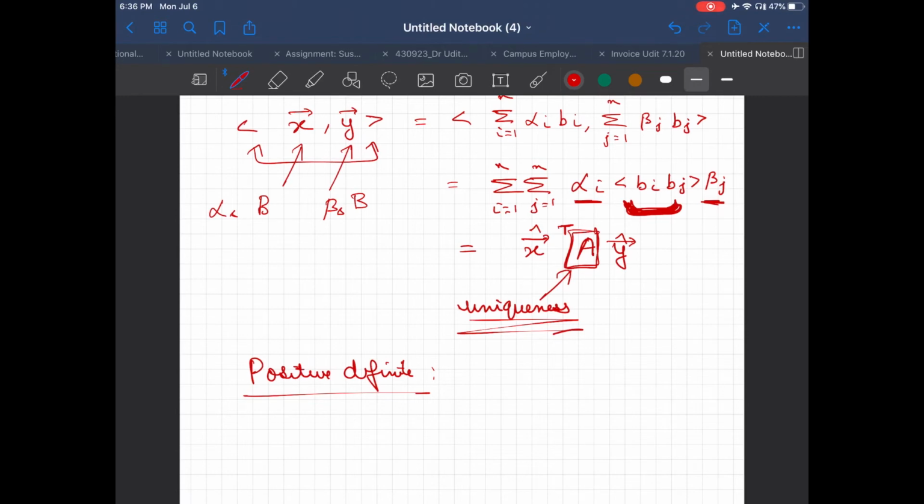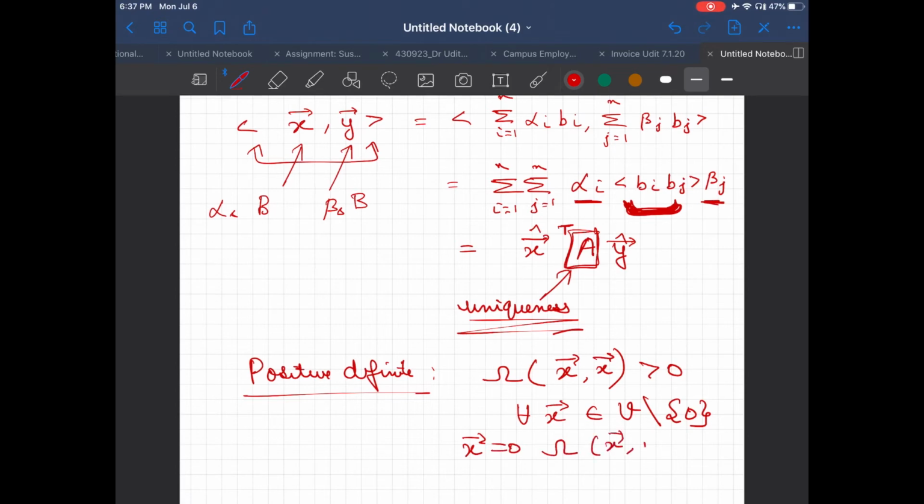And when we say positive definite, that would mean that if we apply some transformation on x and x, it should always be greater than 0 for all x belonging to a particular vector space, but x cannot be equal to 0, because if x is equal to 0, our bilinear mapping should also be equal to 0. As long as these two conditions are satisfied, we would say that our matrix under consideration, or our bilinear transformation under consideration, is positive definite.